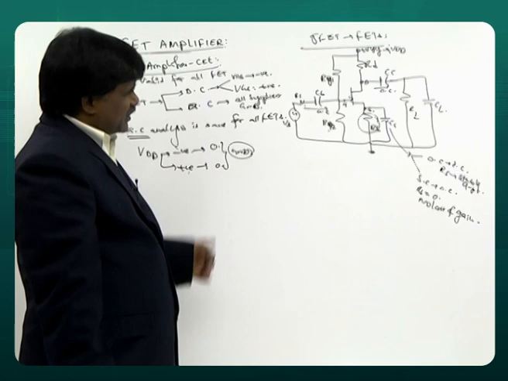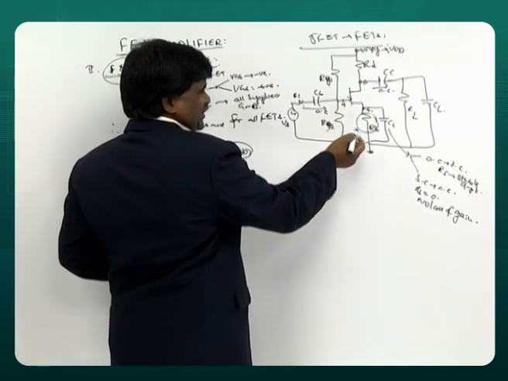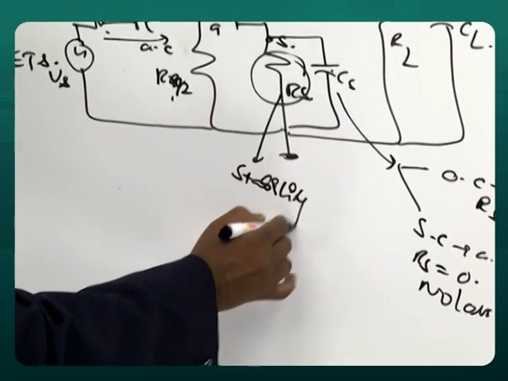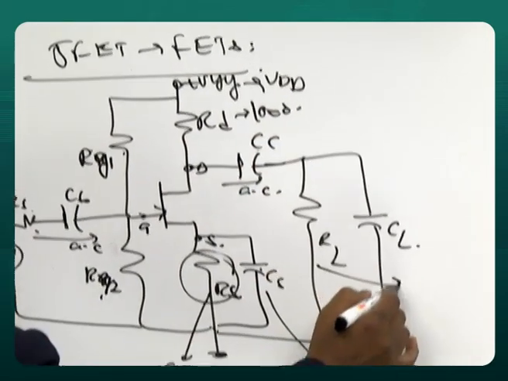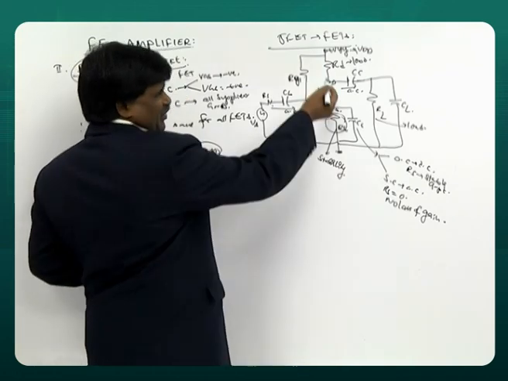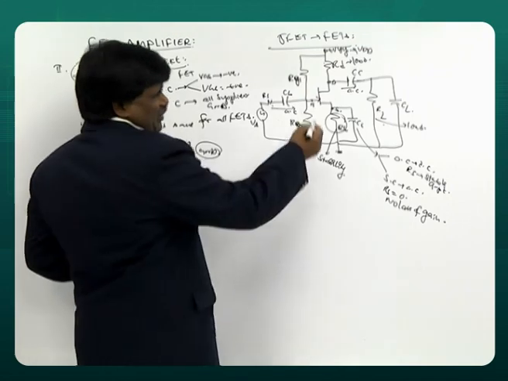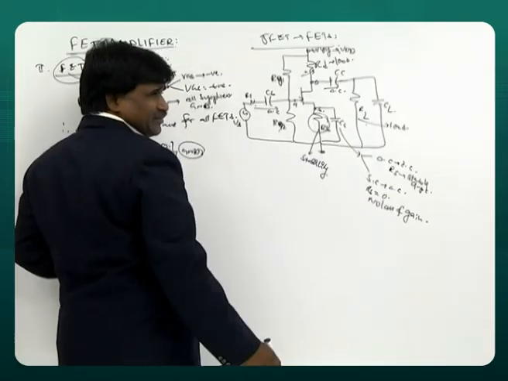So this is how the circuit came. These two are used for biasing. This is for stability. This is for load. This is actually also a load. Then you may ask, what's the difference between this load and this load? If you vary this load, the Q point is affected.